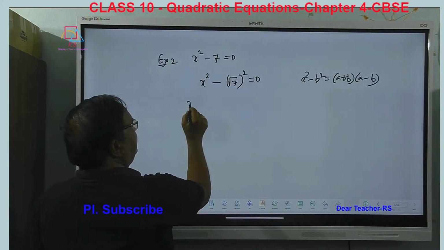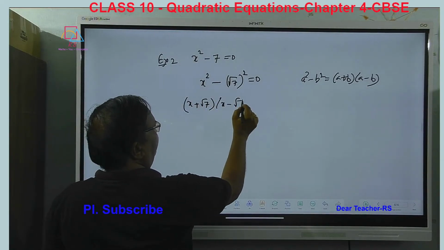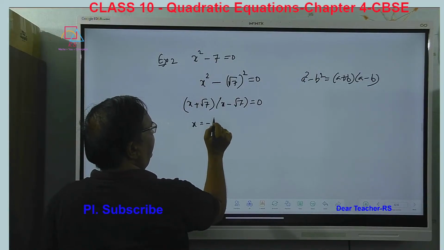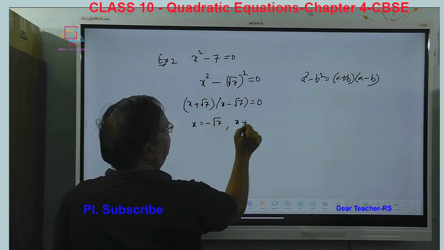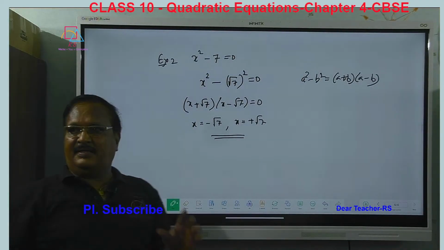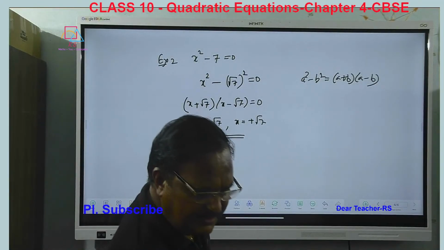So, x plus root 7 into x minus root 7 is equal to 0. So, x is equal to minus root 7 and x is equal to plus root 7. This is one more different type of question.